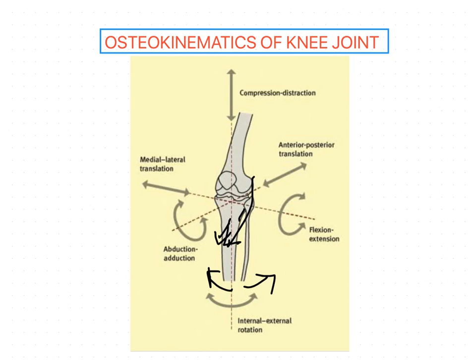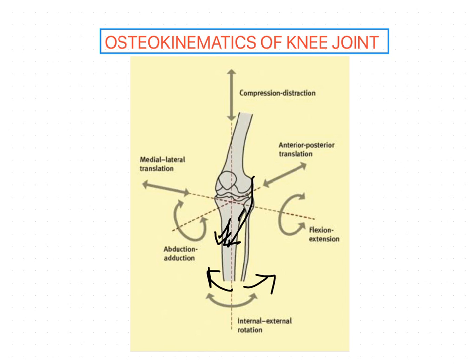If these translations and varus and valgus motions show excessive amounts, then they become abnormal motions and generally indicate ligamentous incompetence. So these are all the knee joint motions.